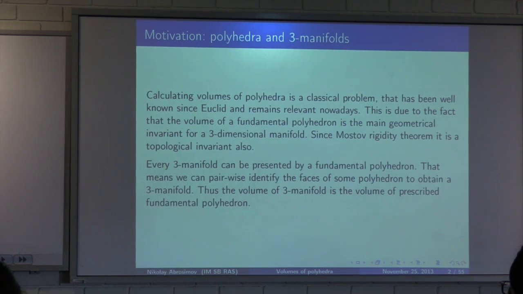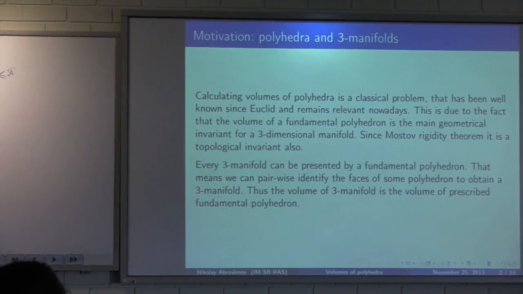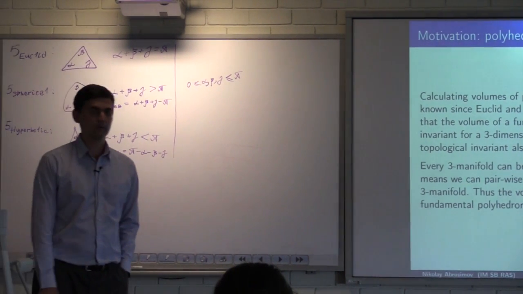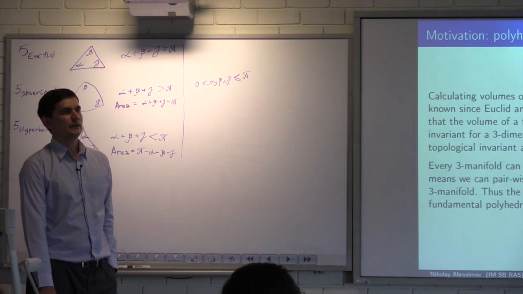It has been well known since Euclid and remains relevant nowadays. Why is it still interesting? The main reason maybe is that the volume of a fundamental polyhedron is the main geometrical invariant of a three-dimensional manifold. What do I mean?